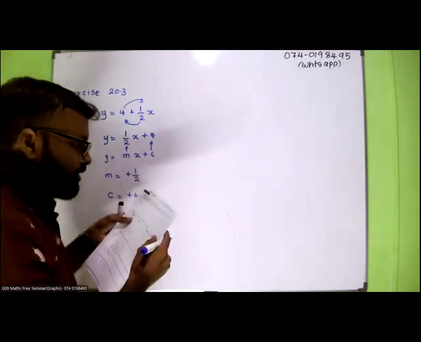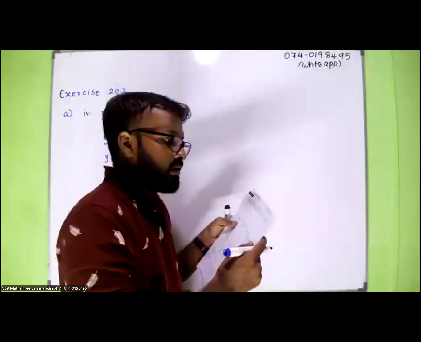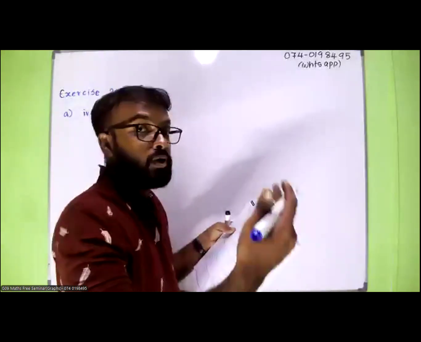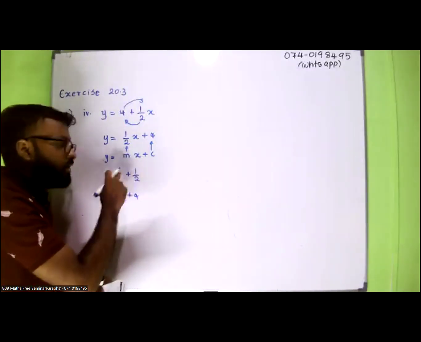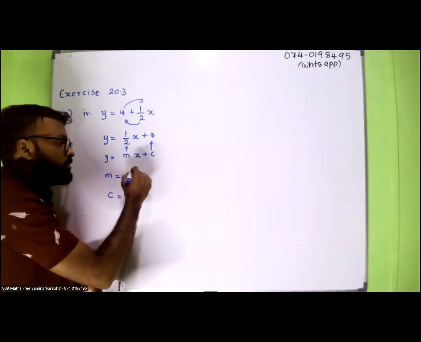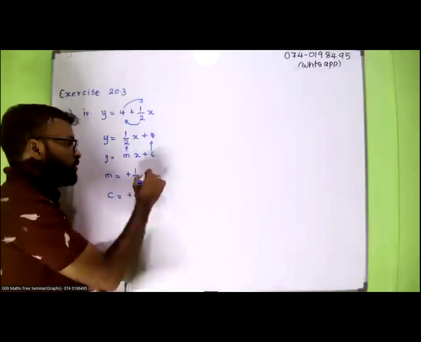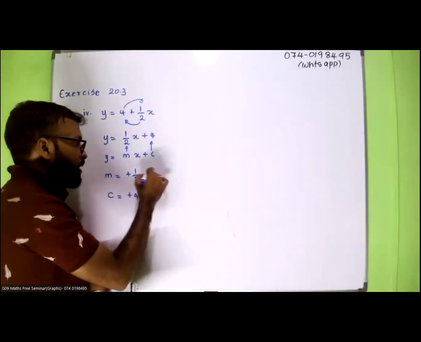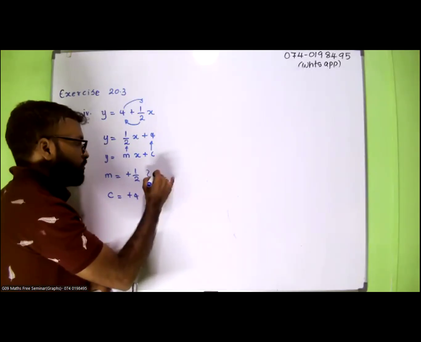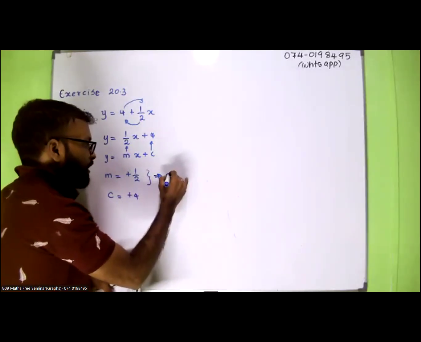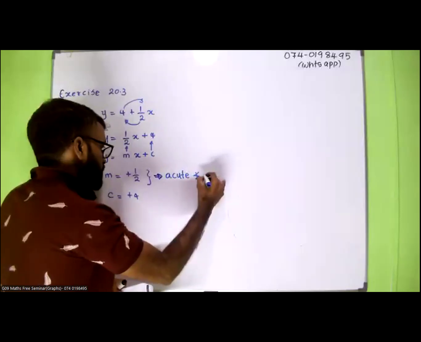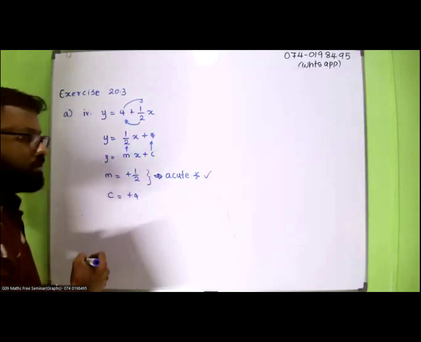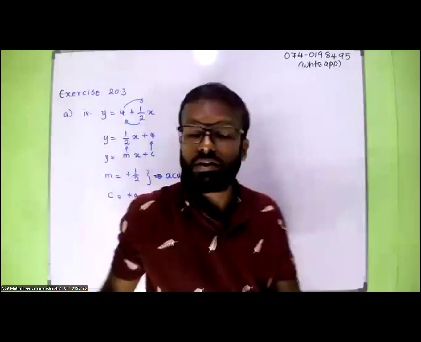And they are asking to write down whether the graph makes an acute or obtuse angle. Now you can think about m. M is positive, so this forms an acute angle. So this is done. Likewise, you can do the rest.